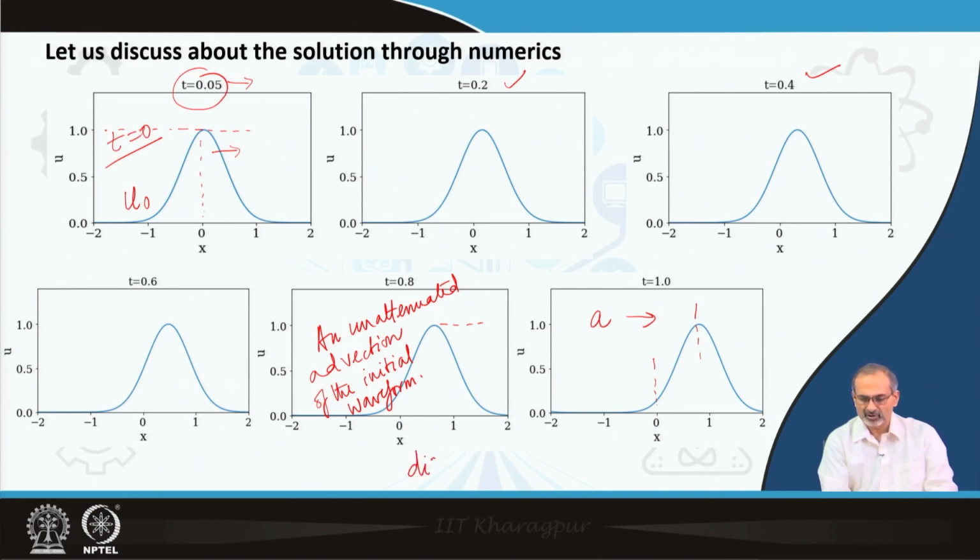So, there is no noticeable distortion of the waveform that you can see over here. That means it moves unattenuated and undistorted. So, this is going to give you some more insight into propagation of a waveform following the linear advection equation.